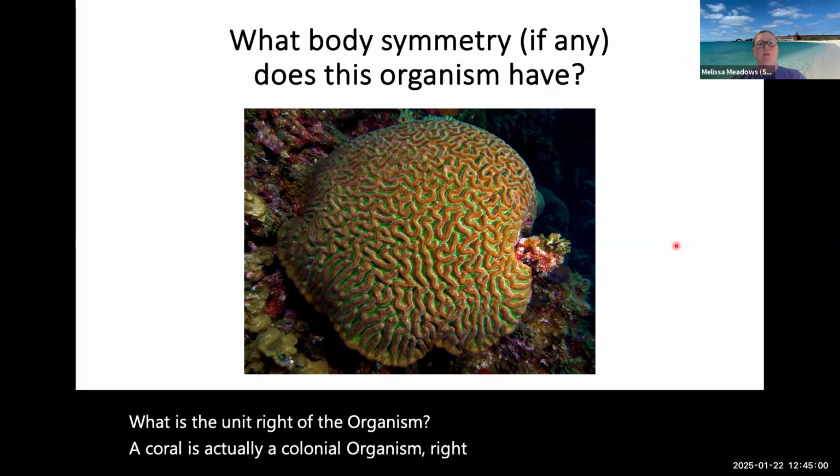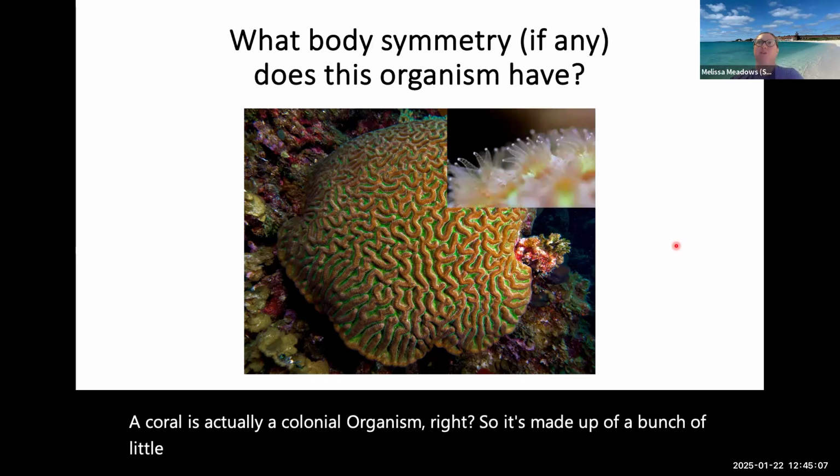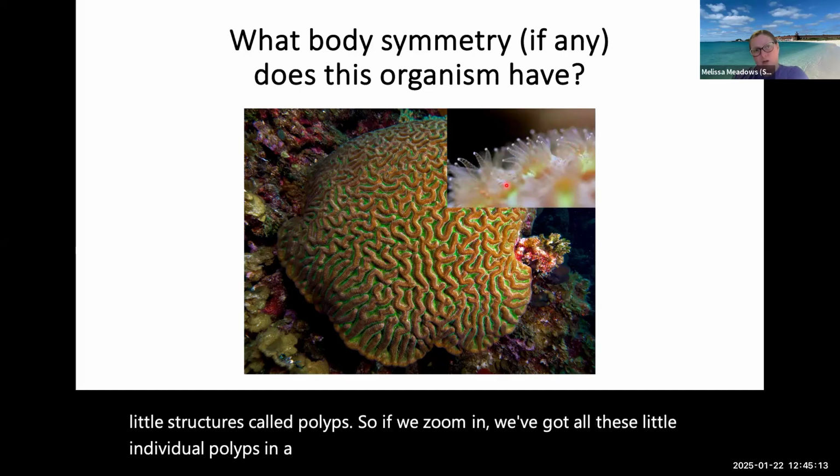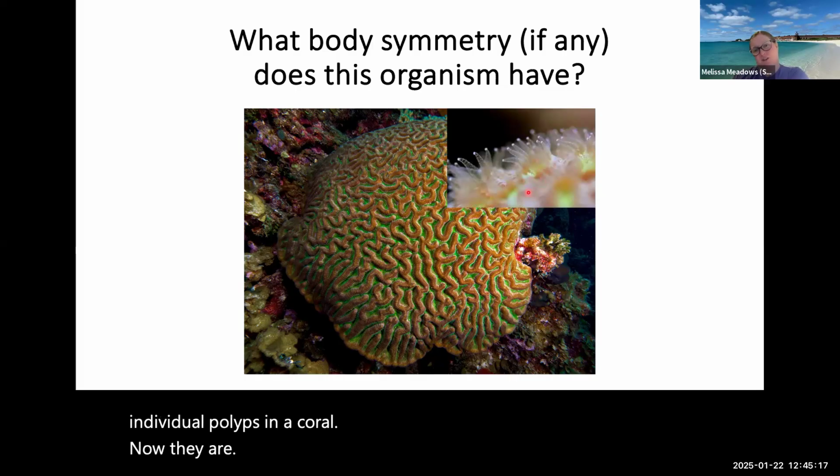So it's made up of a bunch of little structures called polyps. So if we zoom in, we've got all these little individual polyps in a coral. Now they are clones of each other, that form by basically dividing in half by fission.